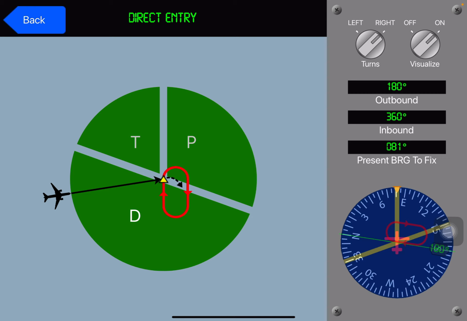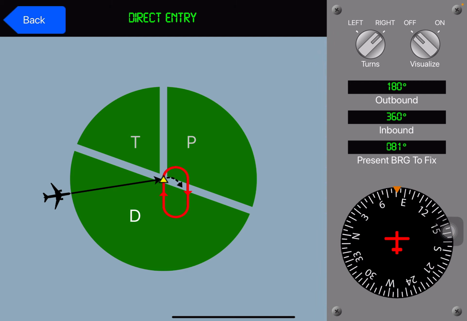You should be able to mentally calculate and visualize the red oval on top of your central airplane in your heading indicator. That way, you get to determine whether to make a direct, teardrop, or parallel entry without needing the help of an external device such as the holding computer, be that the mechanical or the digital one.